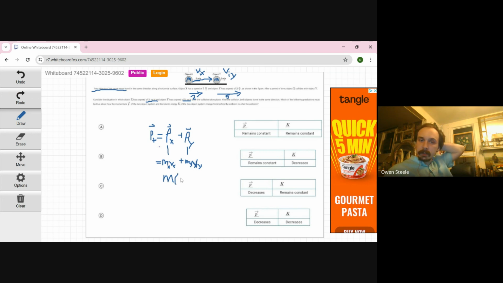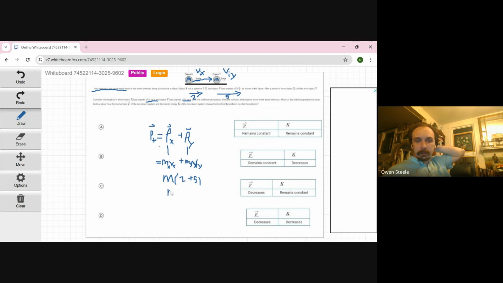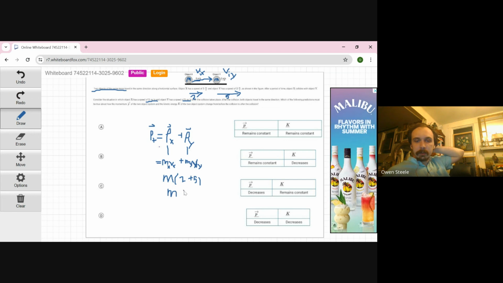So this will then turn into 2 plus 5 for my velocities, whereas afterwards, commutative property, this will be 5 plus 2. I seem to have mixed myself up here because I associate the x with the 2.